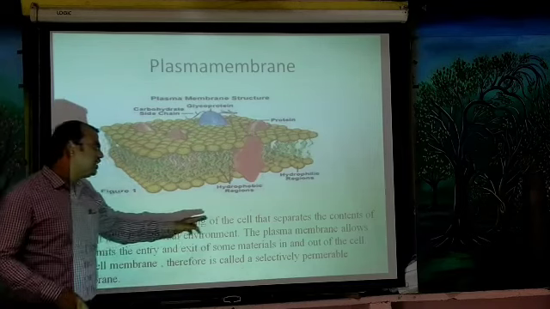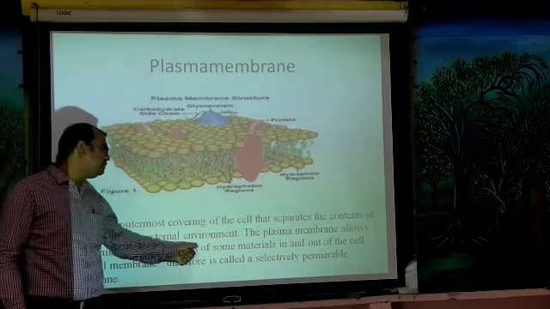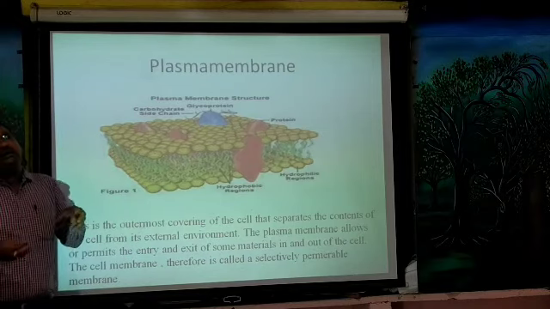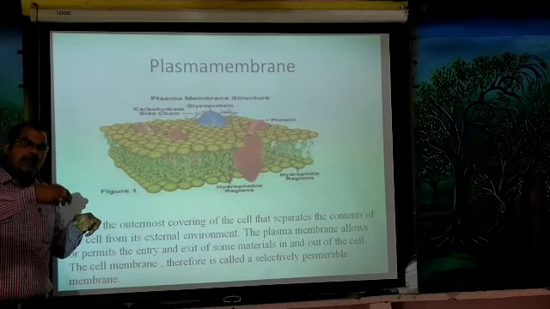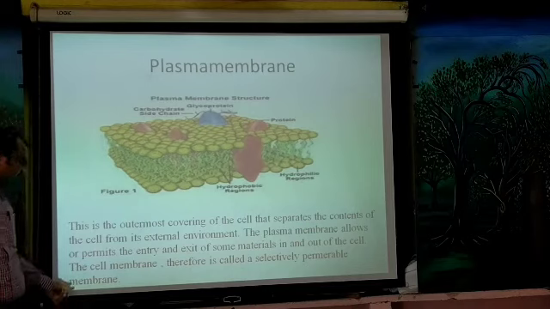The plasma membrane allows or permits the entry and exit of some materials in and out of the cell. Whatever materials want to enter the cell or come out of the cell are controlled by the plasma membrane.